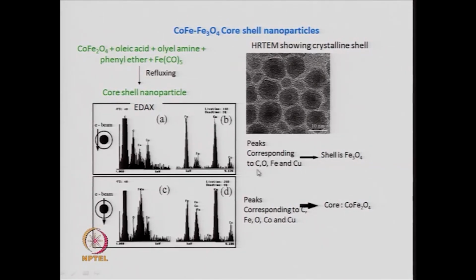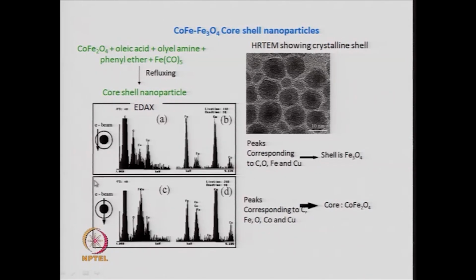Out of that, carbon is an impurity and copper comes from the TEM grid. So, the material is made of oxygen and iron, and hence the shell is Fe3O4, which is what you wanted to make. So, you can confirm that the shell is Fe3O4.